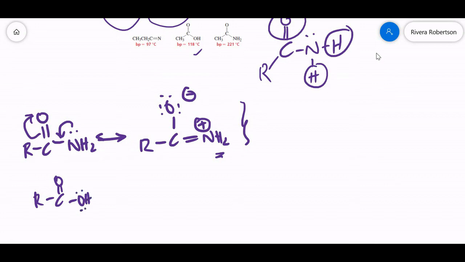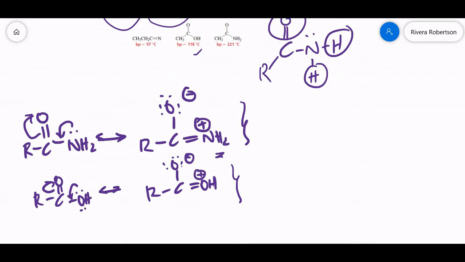Because when your carboxylic acid has a resonance structure, this is how it will look. So, you will have a positive charge on the oxygen. Since your oxygen is more electronegative, this resonance structure contributes little to the resonance hybrid. Because the oxygen cannot carry the positive charge versus that of your nitrogen, which is less electronegative.